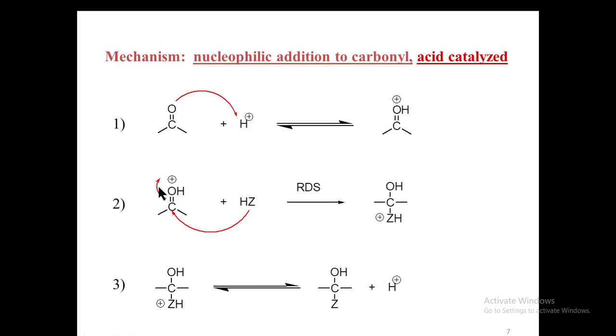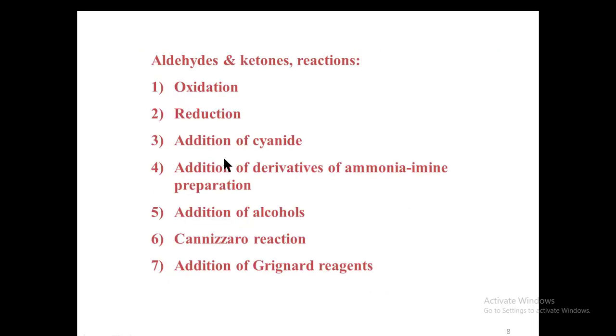The positive charge over the oxygen will be neutralized as this pair will be shifted there, and you see OH is now produced while the nucleophile is attached to the carbonium ion. Now in the next step, if it releases the proton, a neutral species will be formed and the proton will be given back as it was utilized.